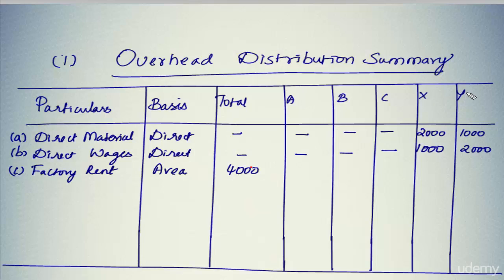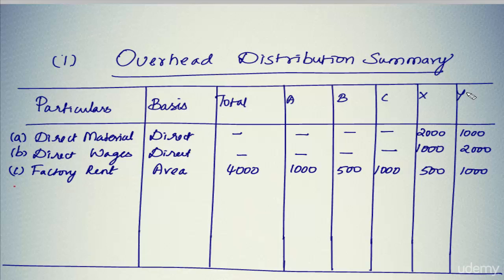So if you apportion 4,000 in that proportion, you would get $1,000 for department A, 500 for department B, $1,000 for department C, and 500 and 1,000 for departments X and Y.